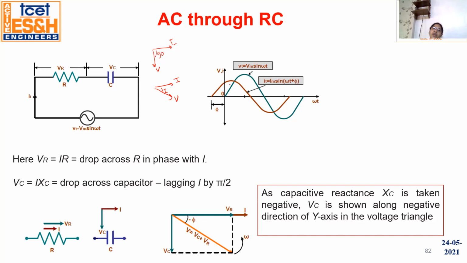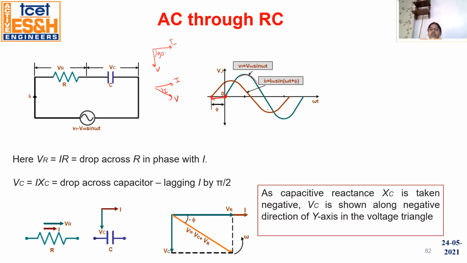So in the waveform, here you see, suppose this is the voltage waveform. Green one is the voltage waveform. When I want to draw a current, current is now leading by some angle phi. So see, it starts earlier than the voltage.